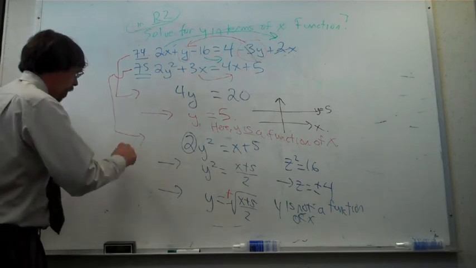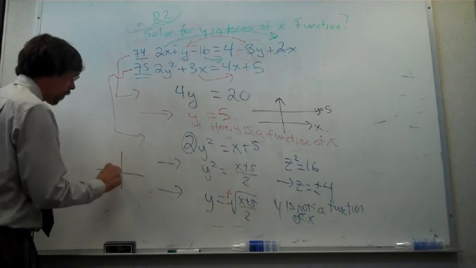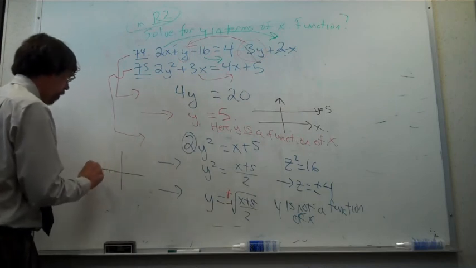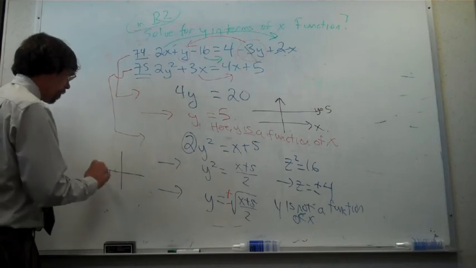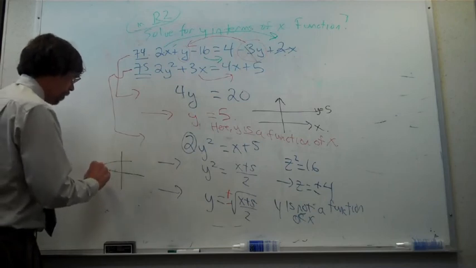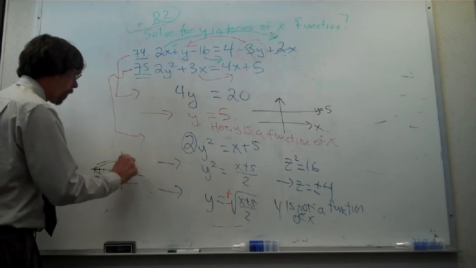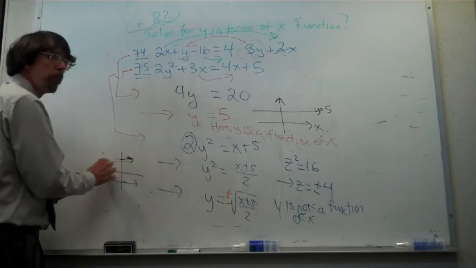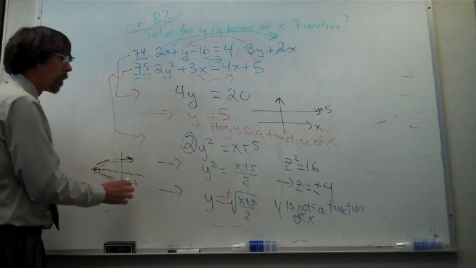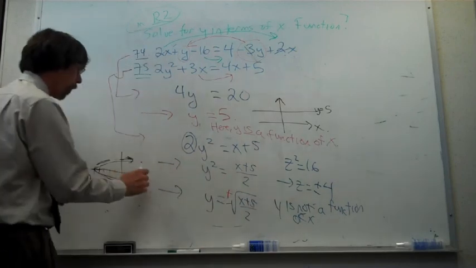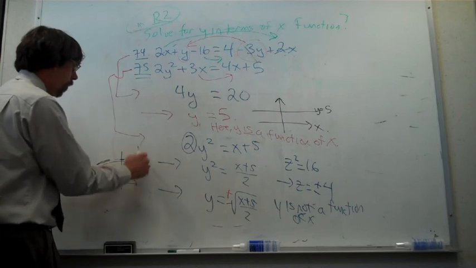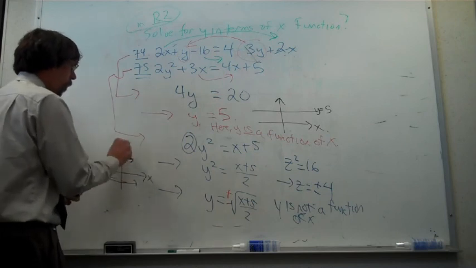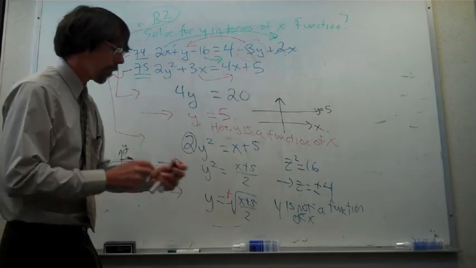I said something incorrect. So it's going to shift over to the left 5. And it's going to be something like this. And why would that not be the graph of a function? Because it's going to cross over in two of the same points on the vertical line test. Yeah, and that's what we saw. We plugged in 13 way over here. We got 2 different answers. Okay. You don't need the graph, though, to tell you it's not a function.